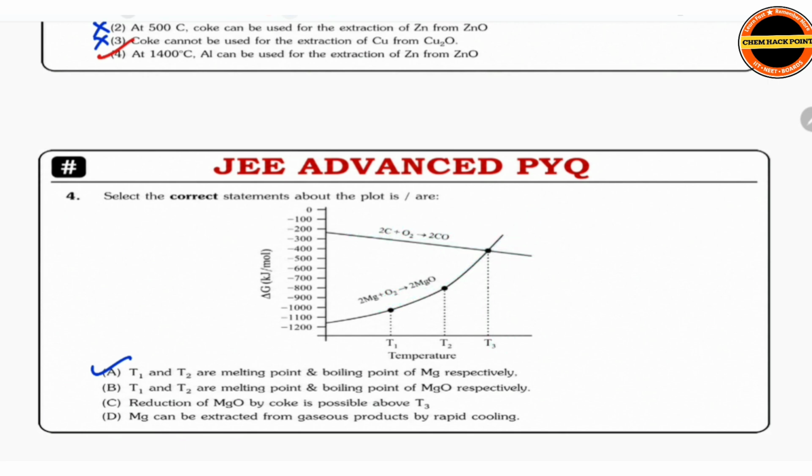Hence it is possible here. So C is correct and B is incorrect. Mg can be extracted from gaseous products by rapid cooling. Yes, under high temperature conditions, Mg exists in vapor form, which can be extracted from gaseous products by cooling. It is also correct. So it is a multi-correct answer, JEE Advanced PYQ: A, C, D are correct.